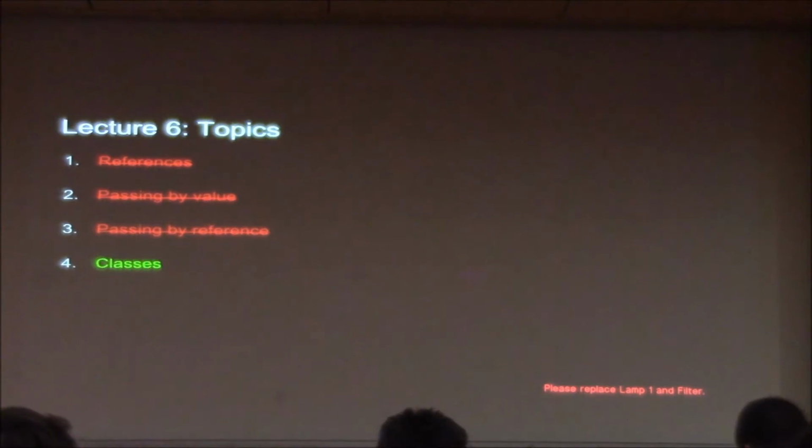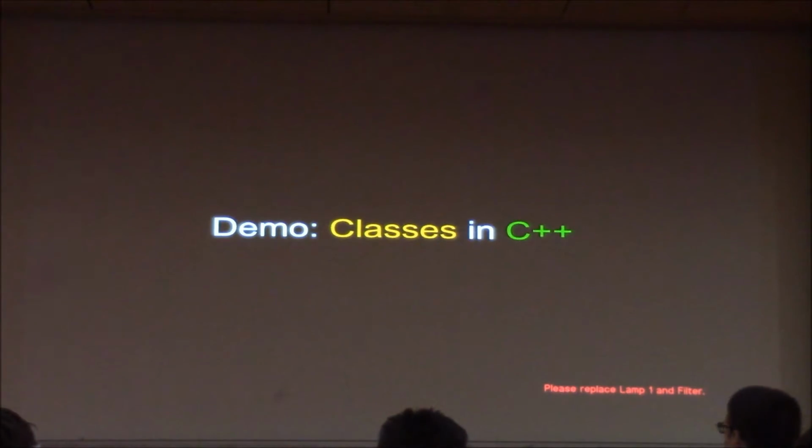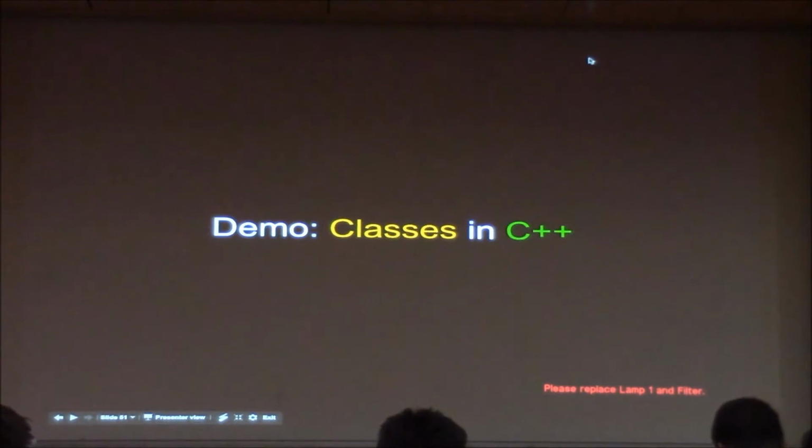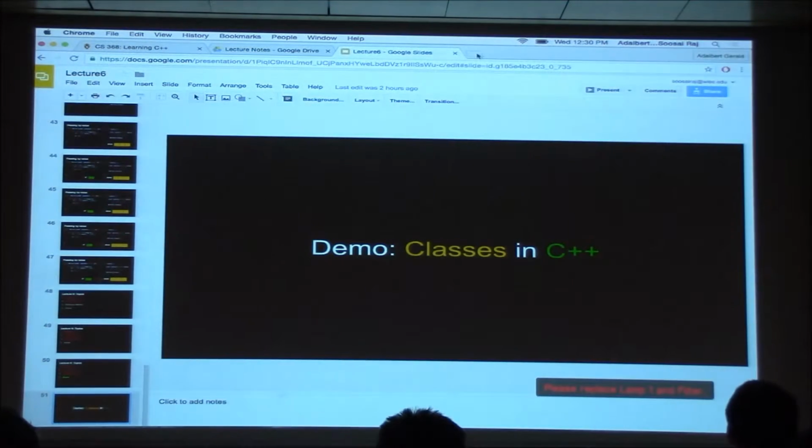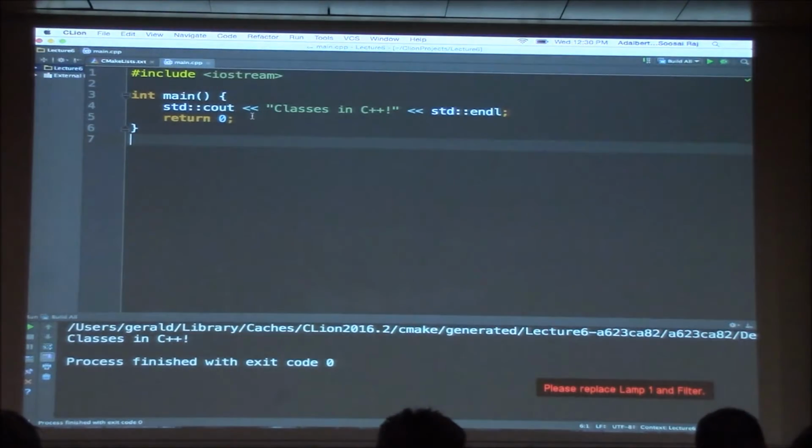And the last thing that we're going to discuss today is classes in C++. We are not going to write any code for references. I hope that you can just go and replicate the same thing, or I can post some code online on our page. The code that we are going to write today is mainly about how to create classes in C++.